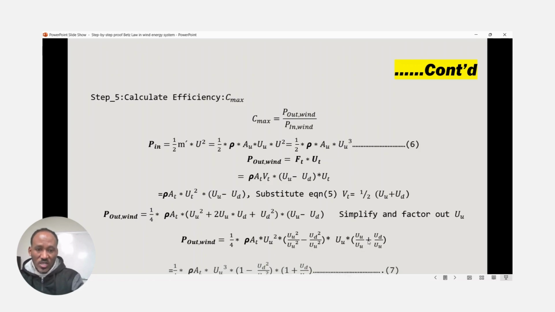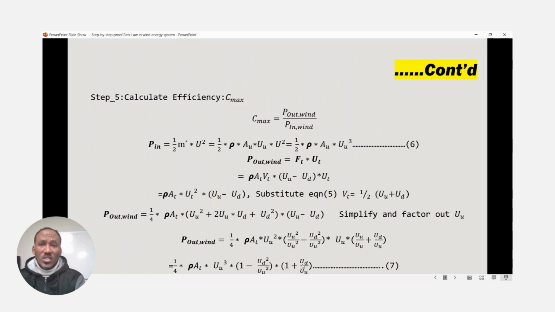Then we have equation 7, which is 1 over 4 density times area of turbine U_U cubed times open parenthesis 1 minus U_D squared over U_U squared close parenthesis times open parenthesis 1 plus U_D over U_U close parenthesis. Let's say this is equation 7.